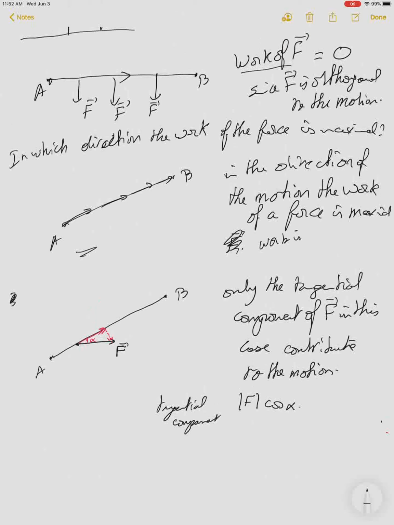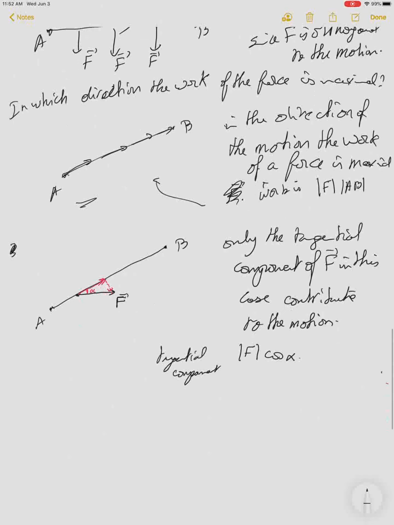In that case, the work is the absolute value of F times AB, correct? But in this case, the work is the absolute value of F cosine alpha, which is the tangential component, times the absolute value of AB.